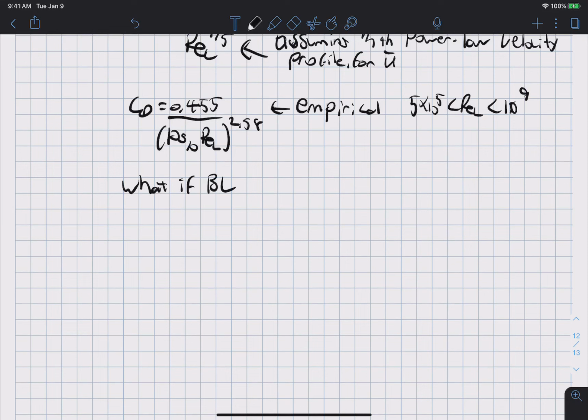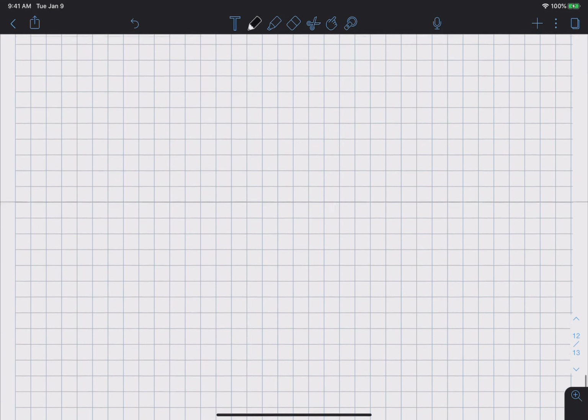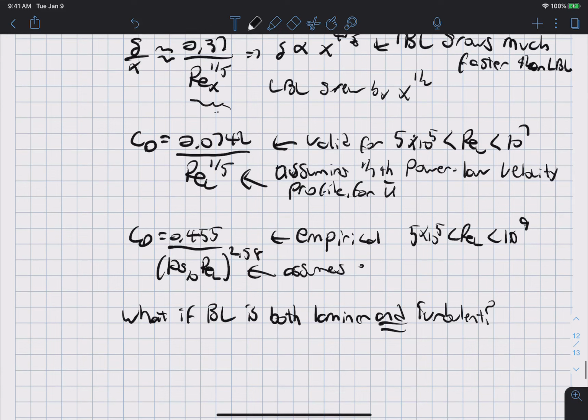And so, what do we do if the boundary layer is both laminar and turbulent? Okay, and so what do we do about that? Because these relations here assume the entire boundary layer is turbulent.